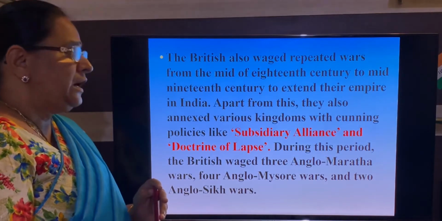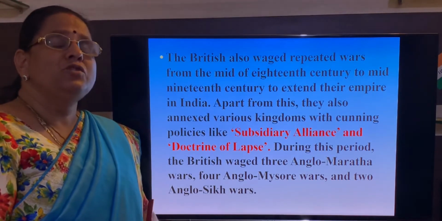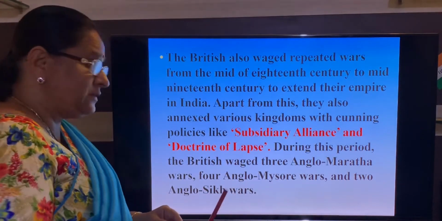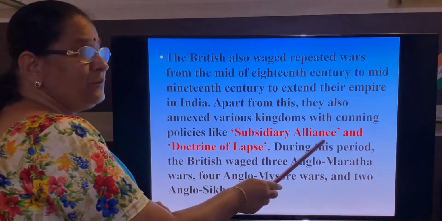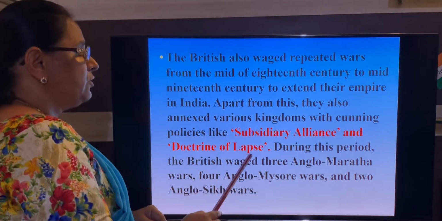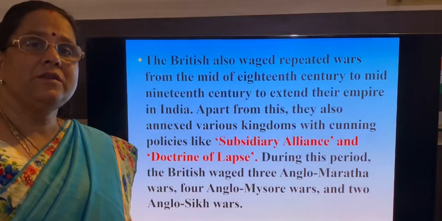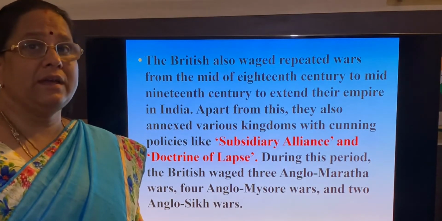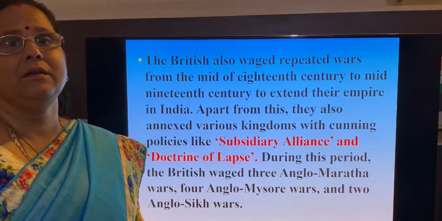They also adopted many cunning ways to expand their kingdom. They introduced many policies, and those policies were subsidiary alliance and doctrine of lapse. British adopted 3 expansion policies to extend their empire in India.